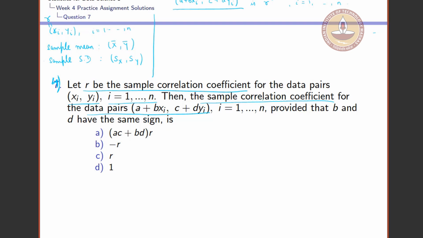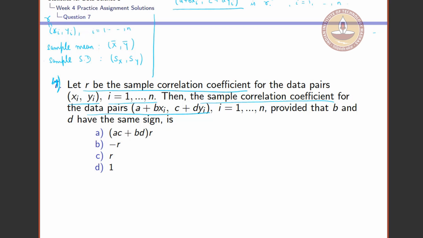So in order to find the correlation coefficient, we need the covariance for these data pairs and the sample standard deviation for A plus Bxi and sample standard deviation for C plus Dyi.